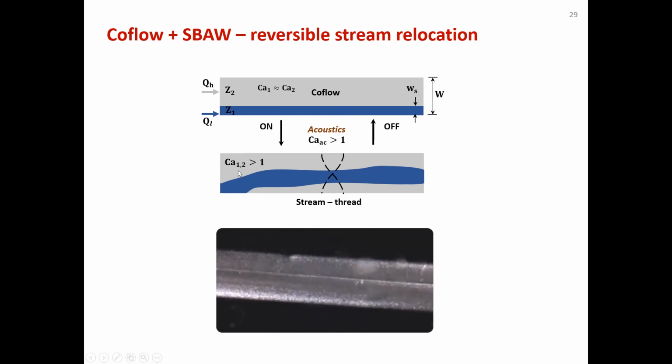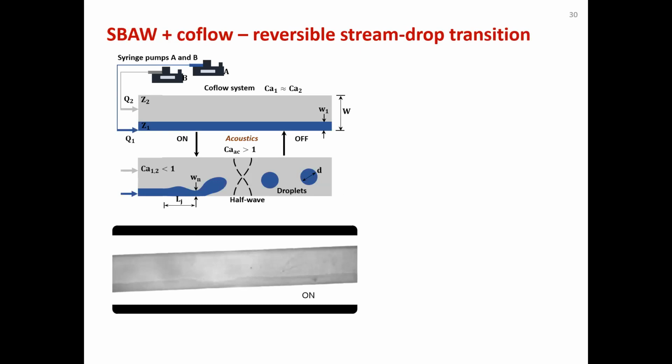What we had not done initially is use a small capillary number, but when you use capillary numbers smaller than 1, we saw something interesting. When you turn on the acoustics, the stream breaks into droplets. So you can generate droplets when you switch on the acoustic field, and when you switch off the field, the co-flow streams are established again, as you can see here in this video.